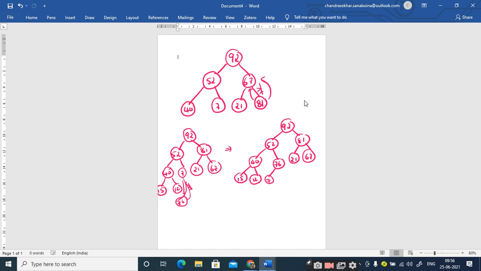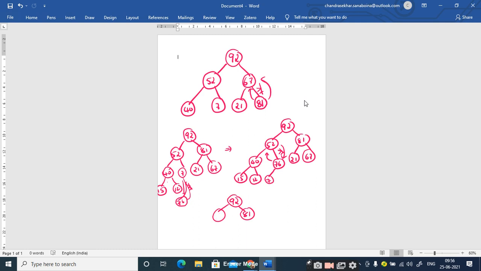Now here you have a variation. The root node 52 is not greater than the child node 76, so it is violating the property here. Now again you have to make a swap operation. After swapping, what do I get here? 92, then 52, then 81.